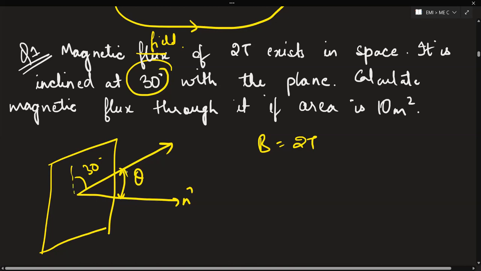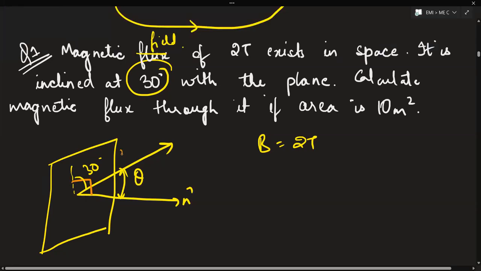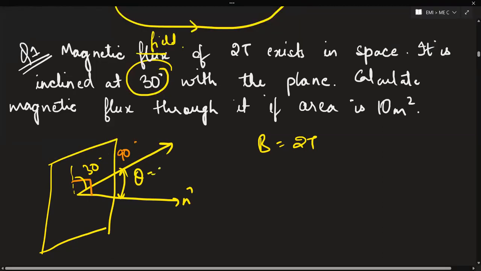Did you understand, class? Why are we taking this angle? The area vector is perpendicular to the plane, so the whole angle is 90 degrees. This much is inclined by 30 degrees. How much is left? 60 degrees is left. The 30 degrees is with the plane, not with the area vector or the perpendicular of the plane.